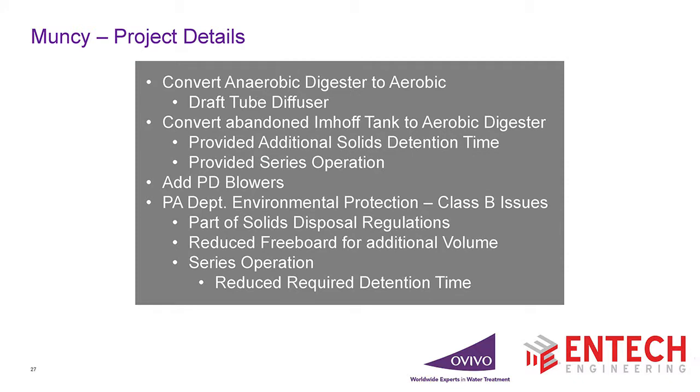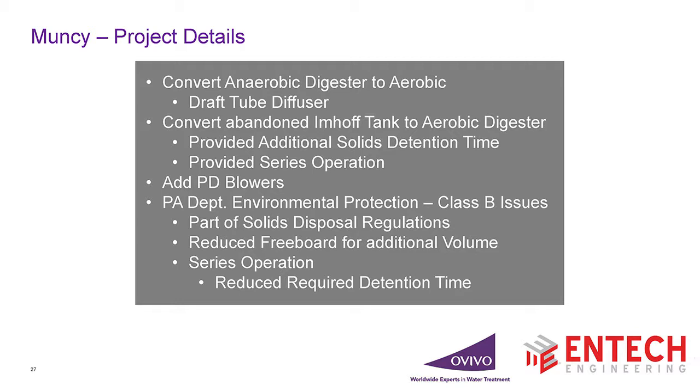So, the details were we converted this anaerobic digester using a draft tube diffuser. We also had an abandoned Imhoff tank from like 1950 on the site, and we converted that to an aerobic digester so we would get some more solids detention time, and we could do our series operation. Of course, it's a trickling filter plant, so there are no blowers on site, so we had to add some blowers.